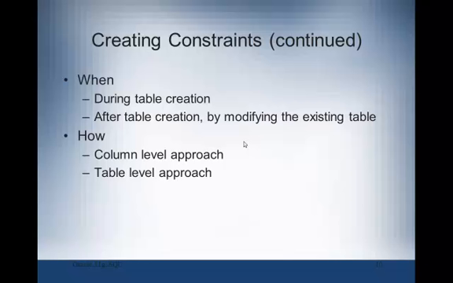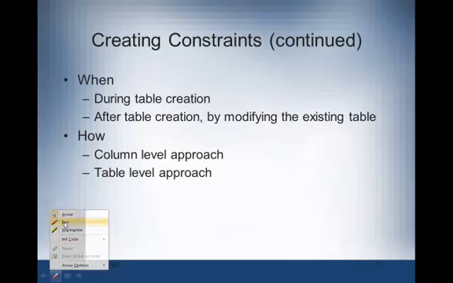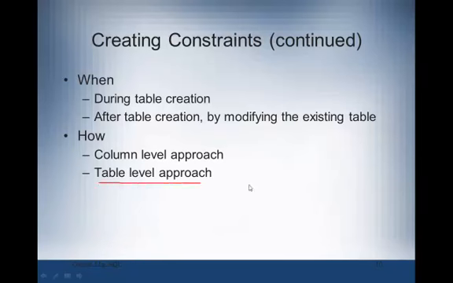They can be created at a column level, so when the column is being defined, you can create the constraint, or you can wait until all of the columns have been defined and then create the constraints at the table level. Now we're going to learn that some constraints can be created at either the column level or table level. Sometimes a constraint has to be created at the table level.